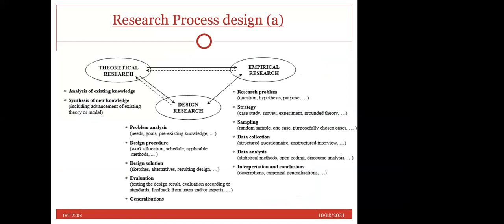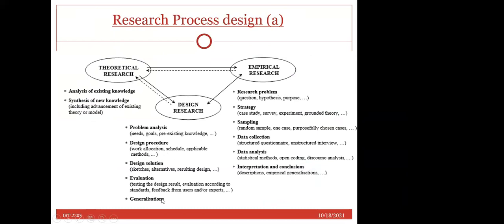So depending on the type of research that you're doing, for example, if you're doing basic, fundamental research, you just analyze existing knowledge and you synthesize new knowledge. That is especially true if you're doing conceptual research. Then if you're designing a solution of sorts, you'd have to first analyze a problem, and then you design the procedure or how you're going to go around solving this problem. You design the solution for it, you implement the solution, and you evaluate your work.